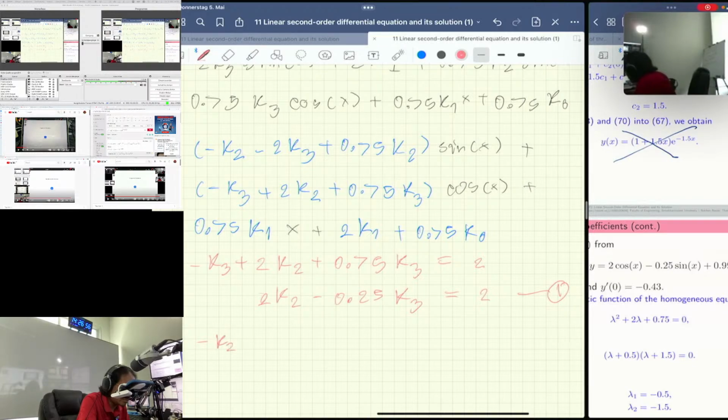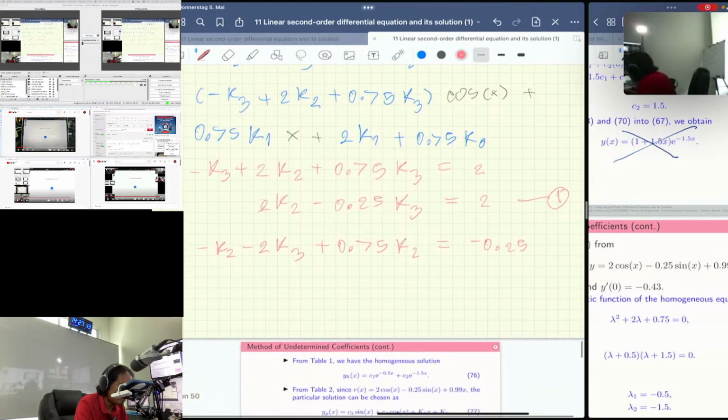Negative k2 minus 2k3 plus 0.75 k2 will be equal to negative 0.25. Oh no, my God. Here you have k2, so again it is negative 0.25 k2 minus 2k3 will be negative 0.25.